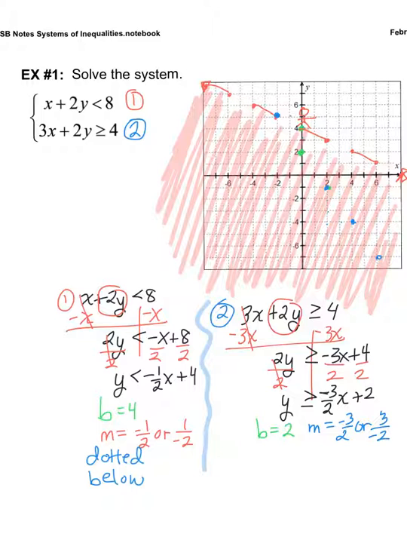Up 3 to the left 2. Then I'm going to connect those with a solid line because we have equals to. So solid, and I have a greater than sign, so I am going to shade above.